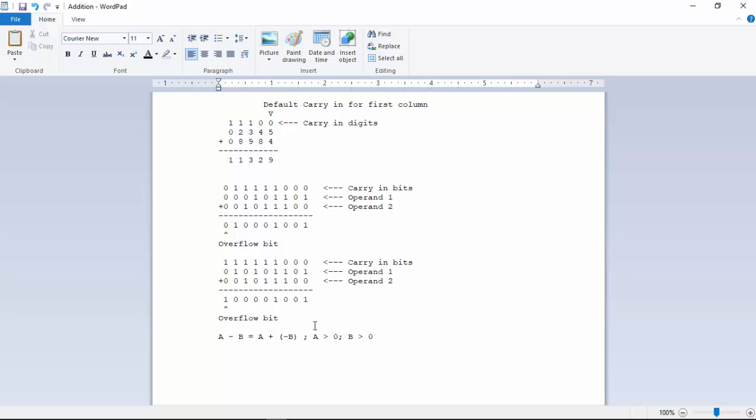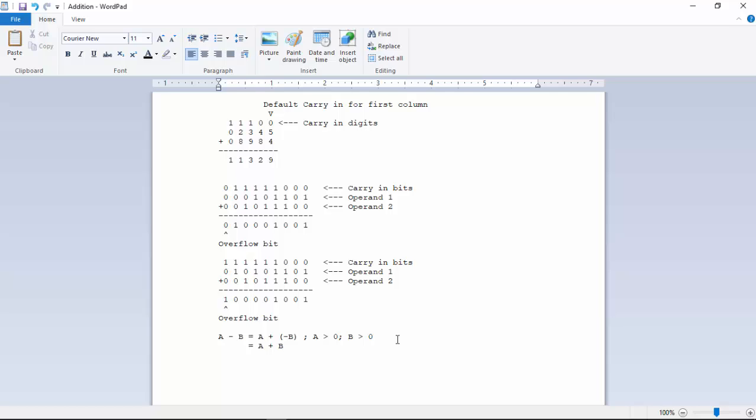In this case, if I can represent minus B in a convenient way, or convert the bit pattern of B into the minus B bit pattern, then I am done. I can use an addition circuit here, right? Which is supposed to be very easy for 2's complement representation.